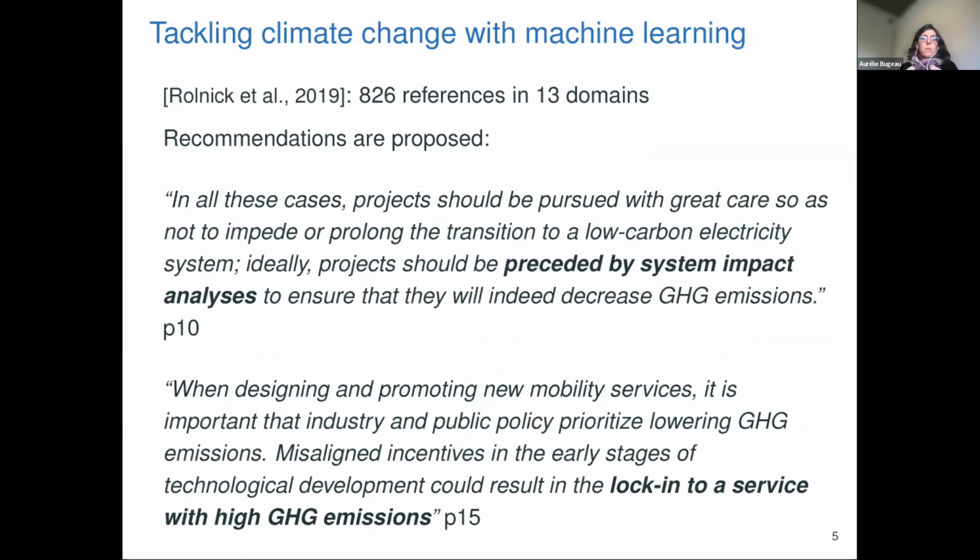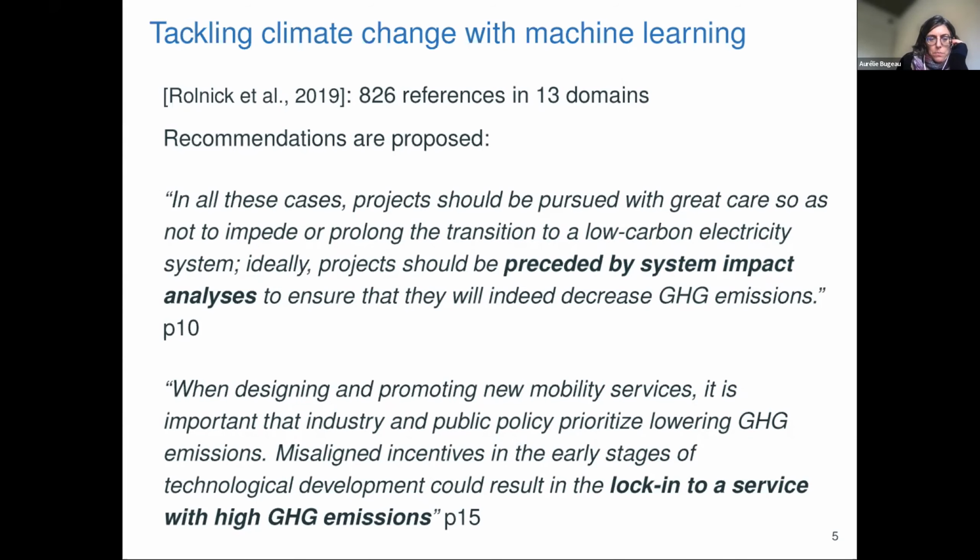So they are proposing some recommendations. Mostly what they say is that many projects should be preceded by a system impact analysis before developing the system. There should be an analysis beforehand, to make sure that they will indeed decrease greenhouse gas emissions when they are, let's say, I don't have all the English vocabulary sometimes, when they are deployed more globally to society.